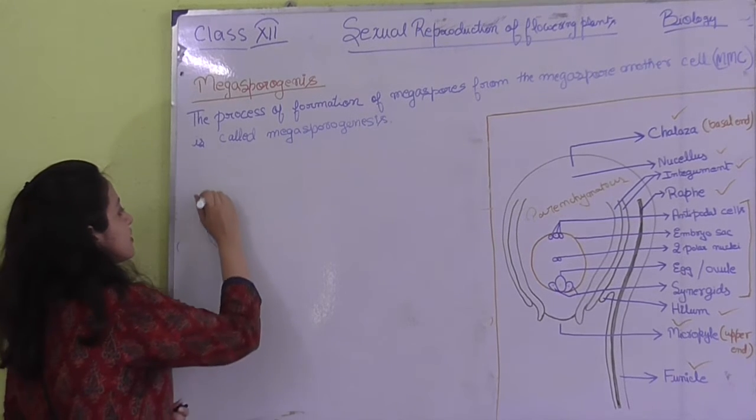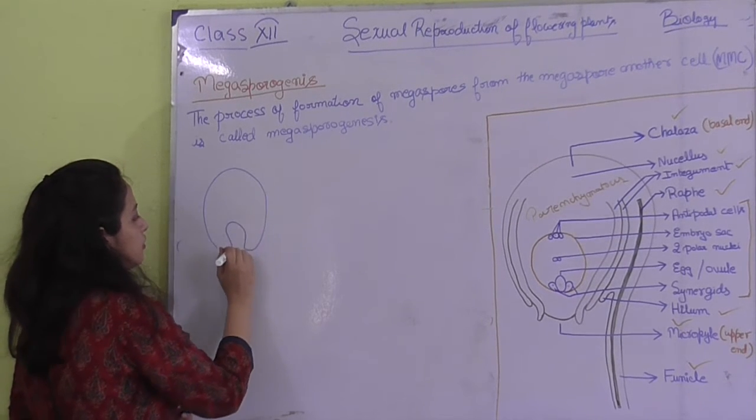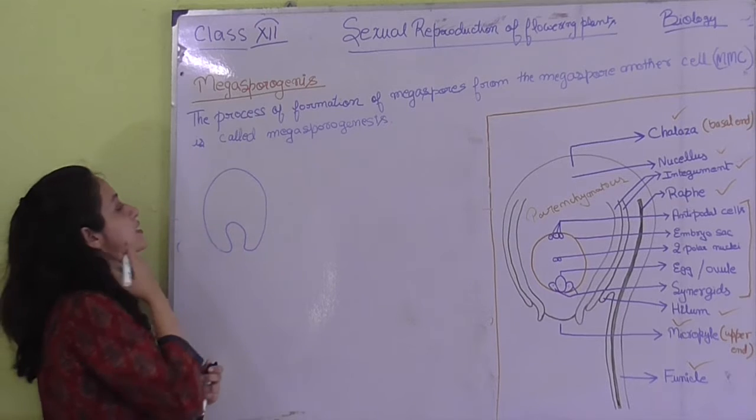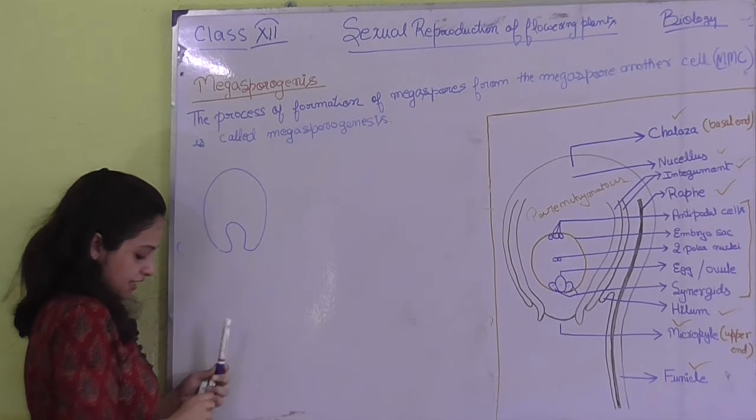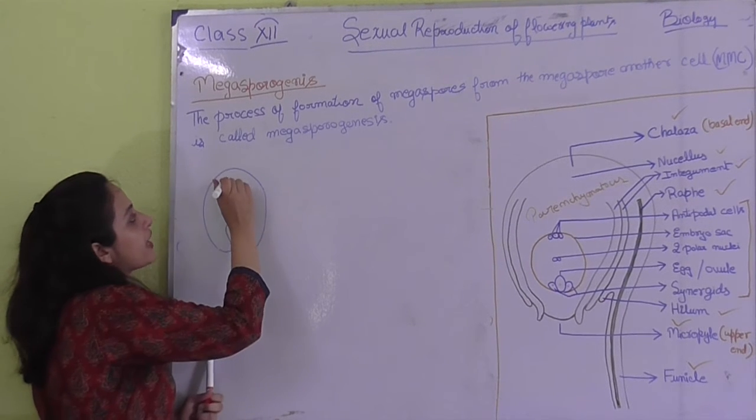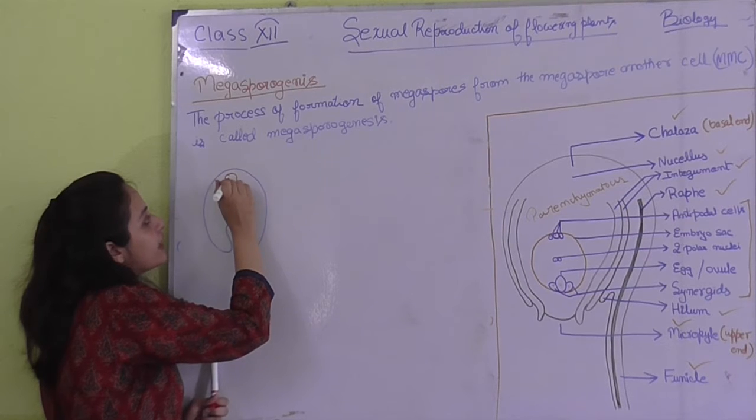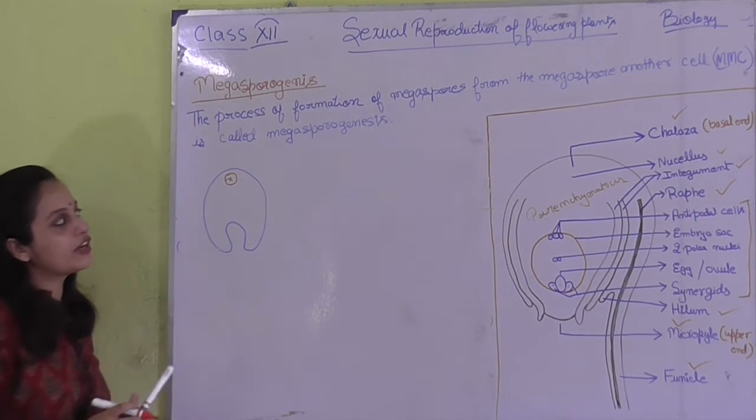So this is your ovule. As you can see, we have just now seen that there is only one megaspore, that too at the chalazal end.